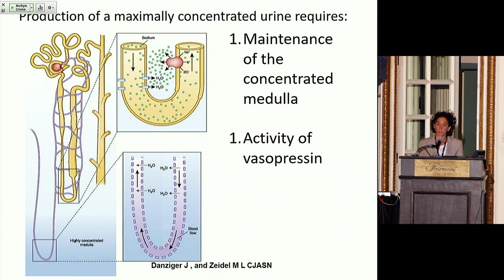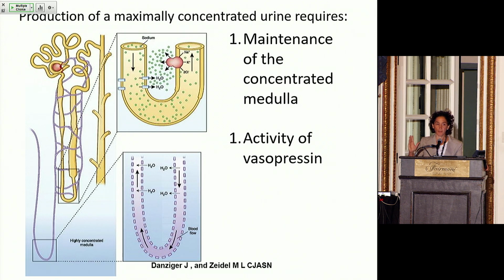achieves its concentration with the help of the loop of Henle. As you go up the thick ascending limb, it's impermeable to water, and you're taking out sodium, potassium, and chloride. The fluid in the lumen is becoming more dilute as you go up, but that's making the medulla concentrated, and that's why we call it the concentrating segment.